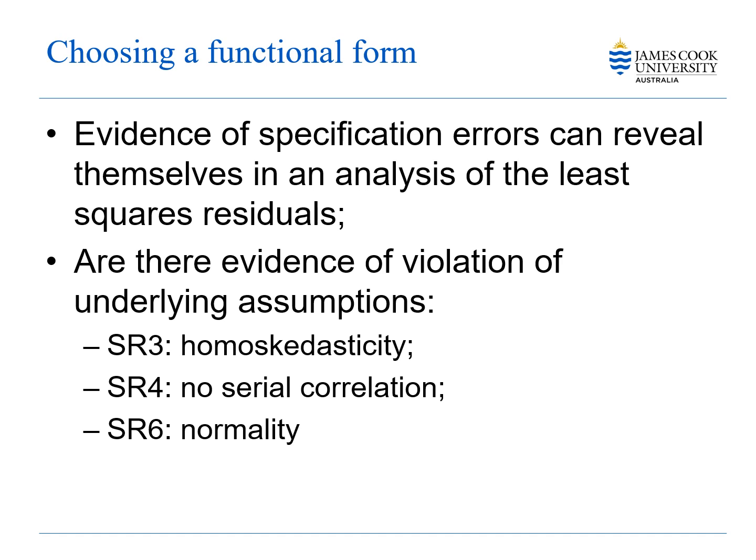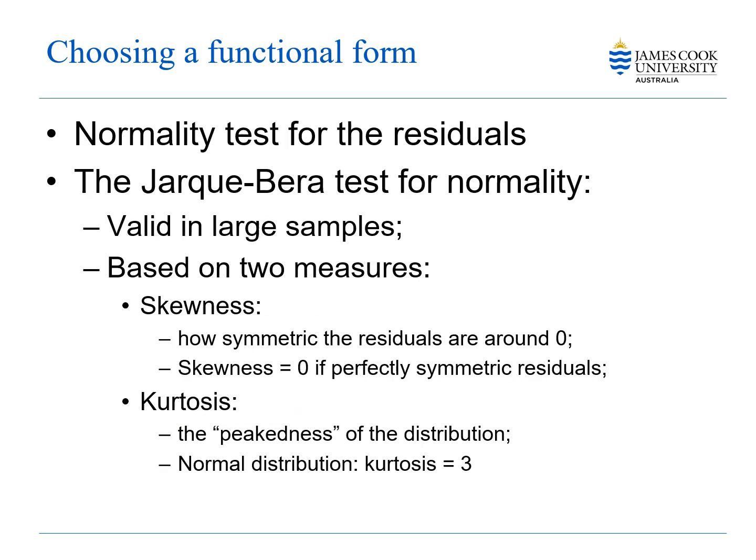We will address this later on. Or we want to check that there are no serial correlations. This may be an issue when we are using time series data. And we can test for normality.